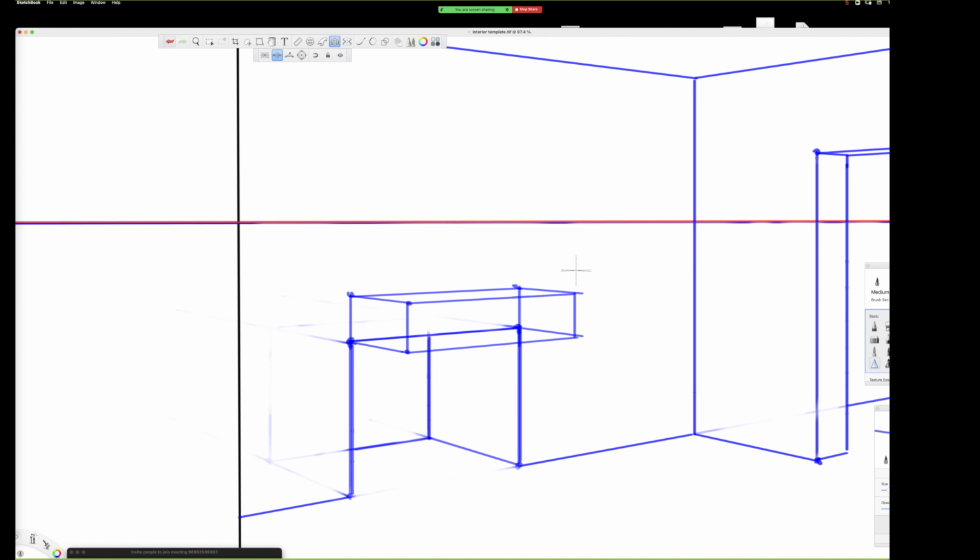Now can you see the transparent cube that I drew that's coming out of the wall? That's why I had you really focus on transparency. This issue of transparency is really important.